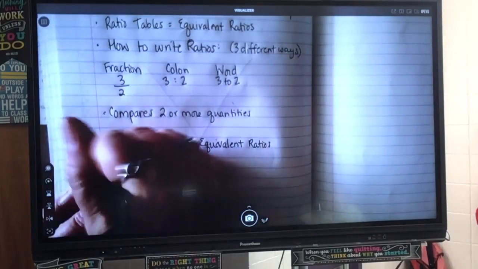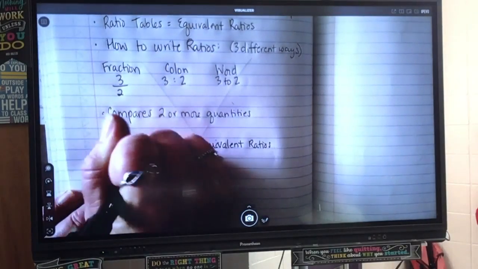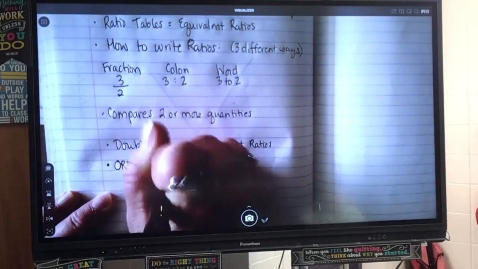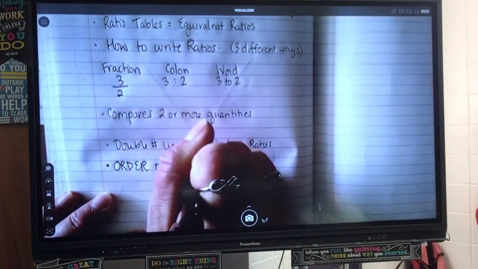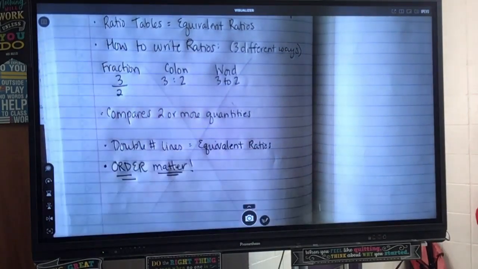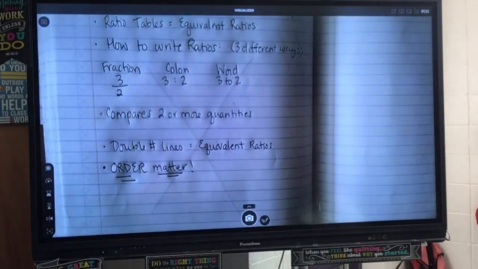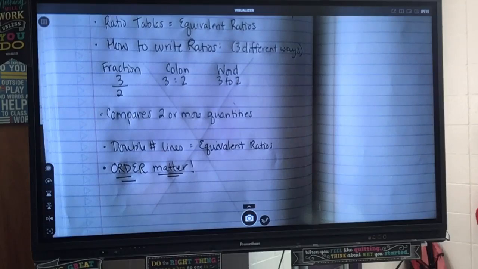Y'all have got to know this. So if you do not have that on your sheet, you need to put that on your sheet. Order matters. And you're going to find that out today when we're doing our practice problems. All right, what else?